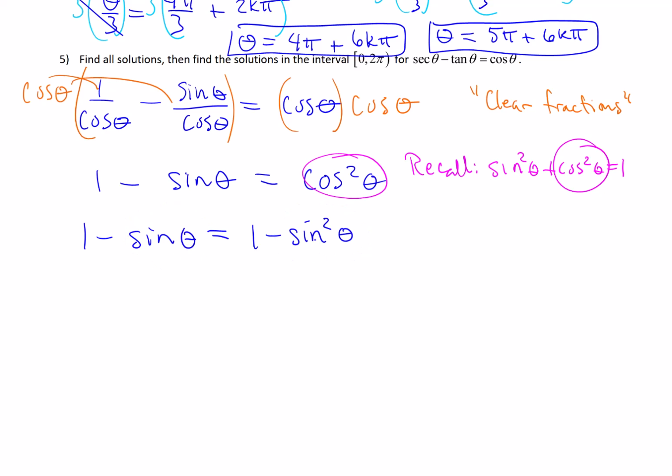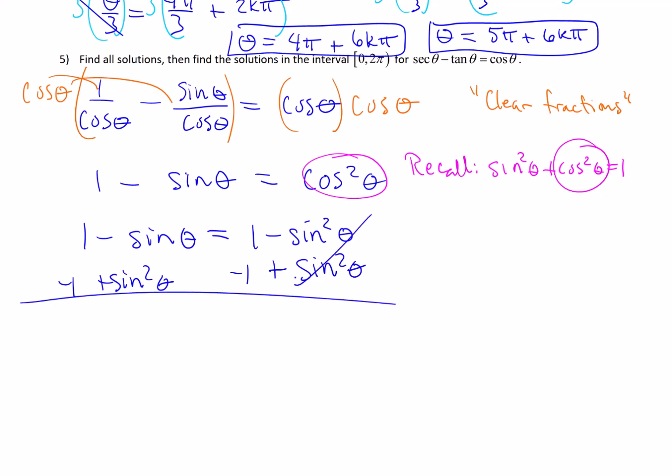To do so, let's get the squared variable positive. It's usually a good strategy to do that, and I'll move it over to do so by adding sine squared theta to both sides. Of course, then we'll have to subtract 1 from both sides to bring everything over. So let's do this. The right side will cancel out to nothing.